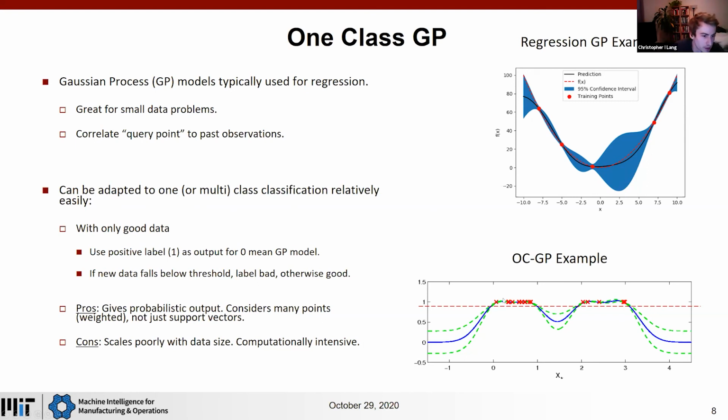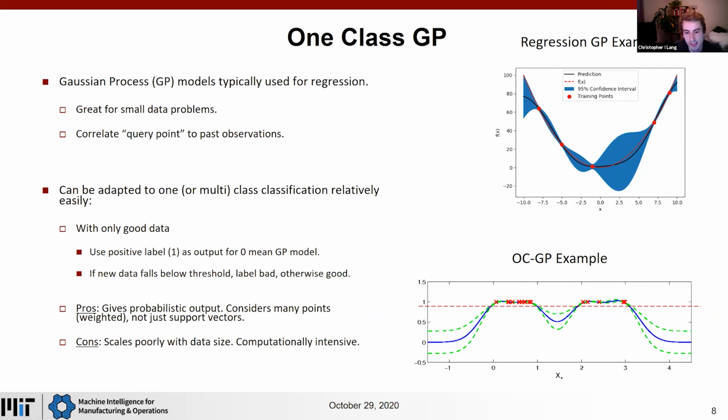So you can imagine here, these red x's could be points where you have examples of known good data. This blue line is the Gaussian process regression function. And then you can draw a threshold here that basically says, if your prediction falls above this, so if it's close to these points, you'll classify it as good. If it falls below this in one of these areas, classify it as bad.